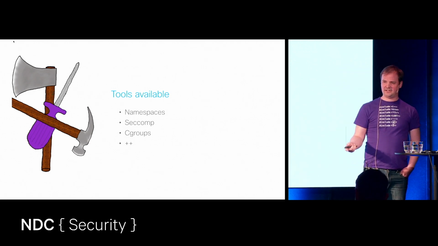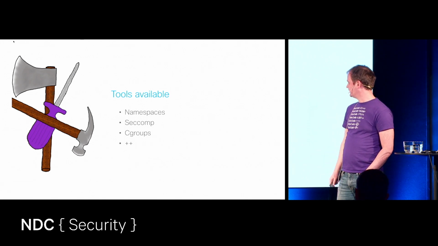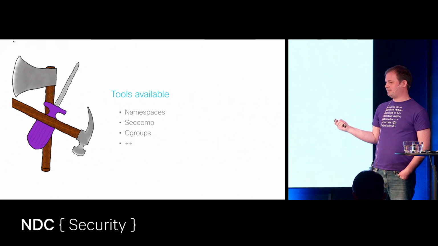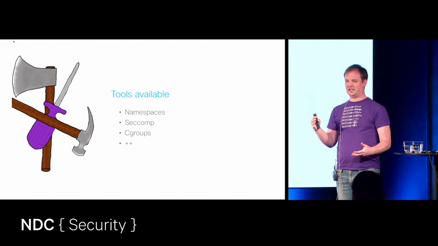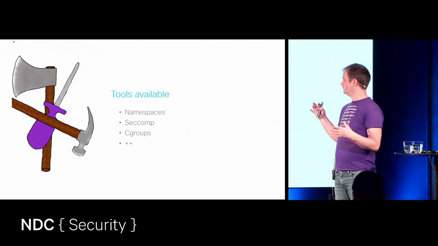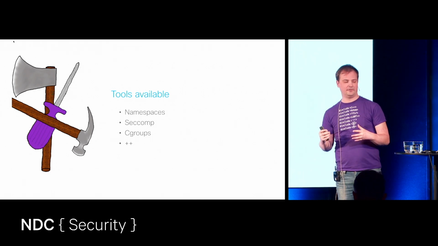He also had one in NDC TechTown last year, which goes directly into C groups. But these are all basic building blocks that every sandbox and every container environment is using to constrain the application they're running.